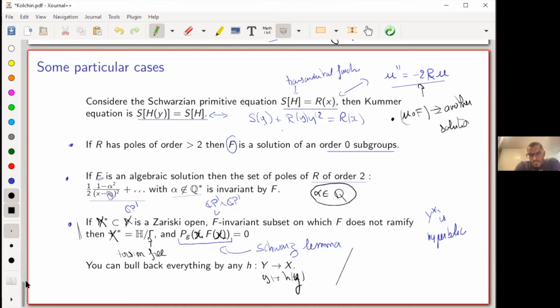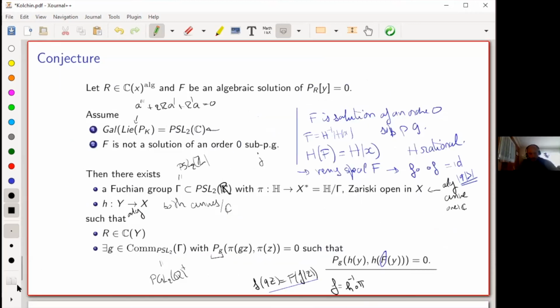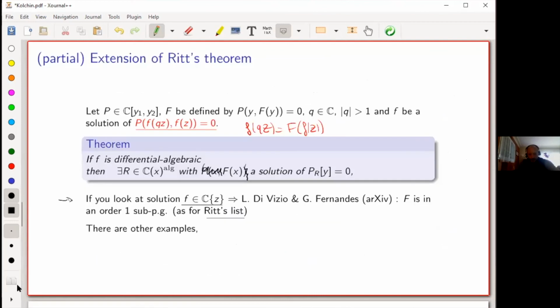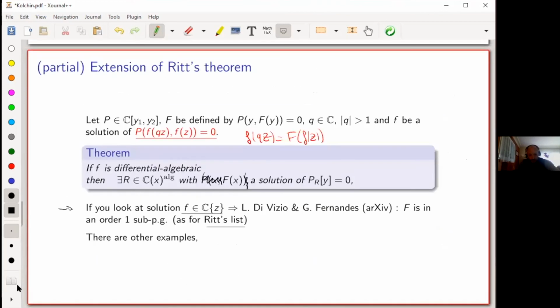But if you look at, I will go back to, the true theorem we want to prove is Rit. So here we want to continue and get a list.